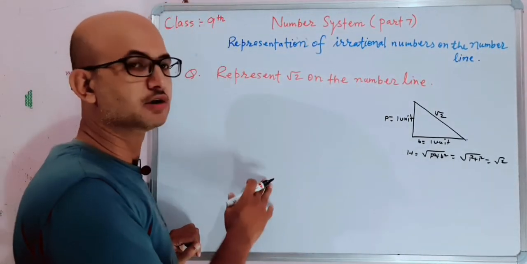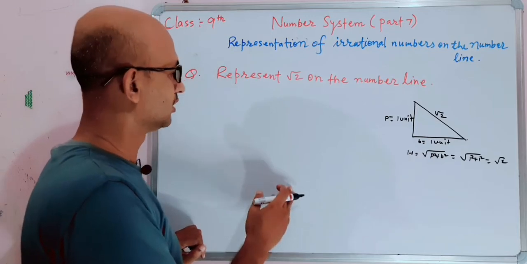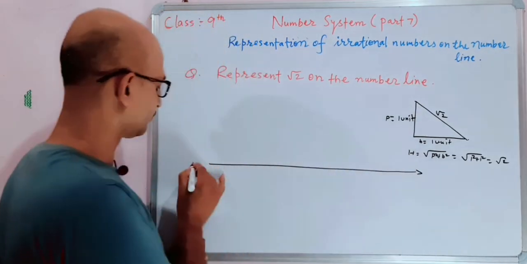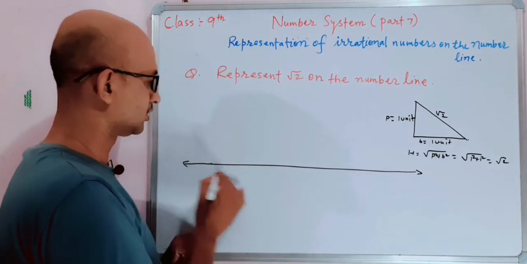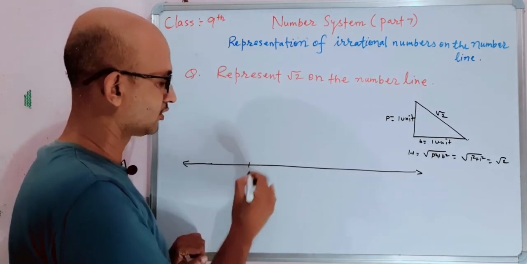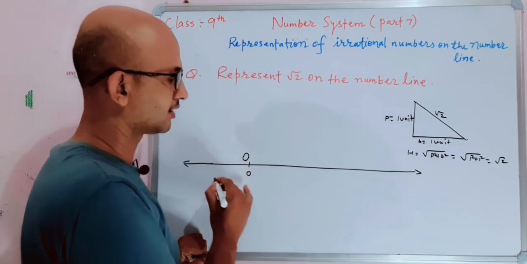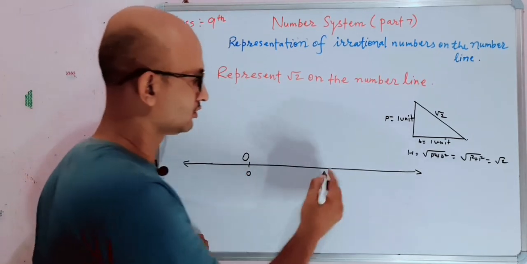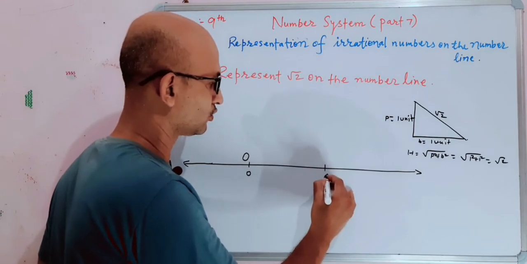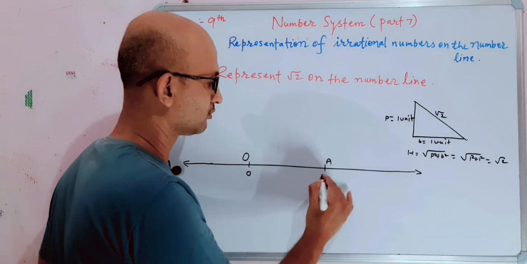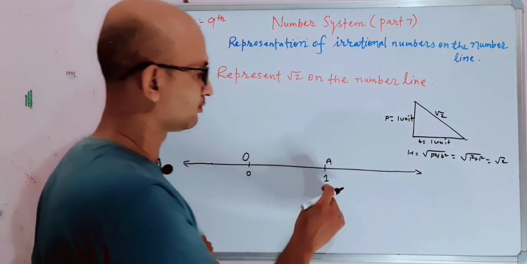Now to represent root 2 on the number line, we draw a number line. On this number line we take point O representing 0, and the point A represents the number 1.